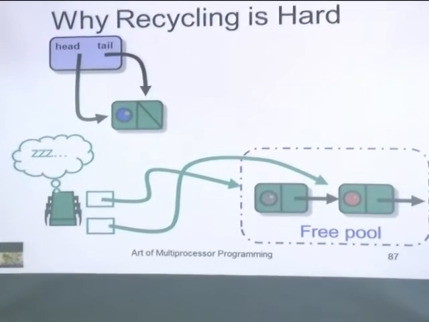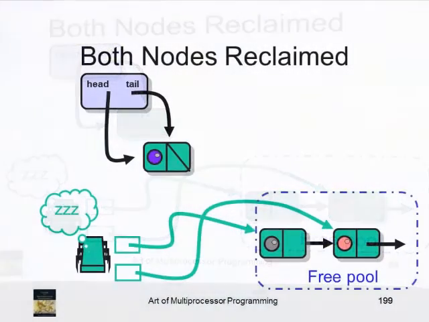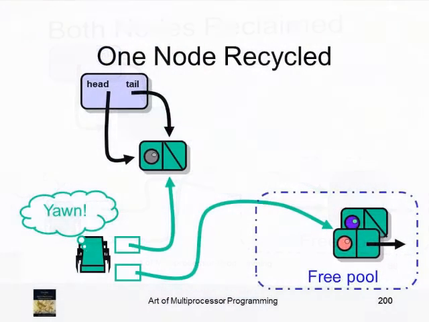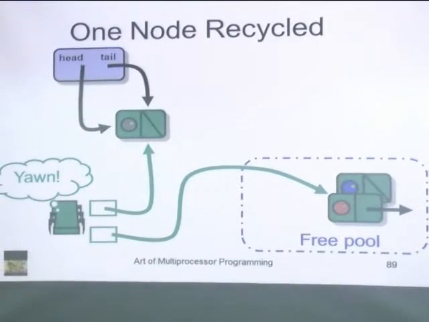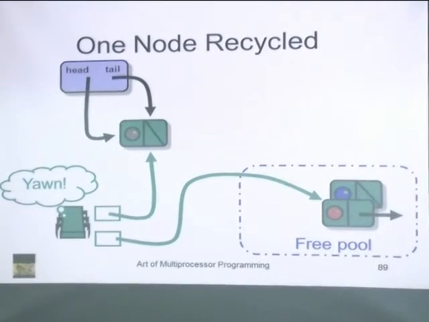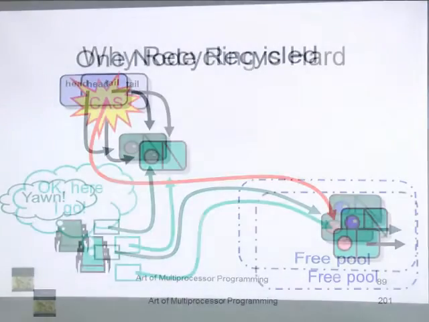And while this thread is still sleeping, these nodes are reused. And so now one of the nodes that was in the free pool is placed back in the queue, holding a different item this time, but the address is the same.